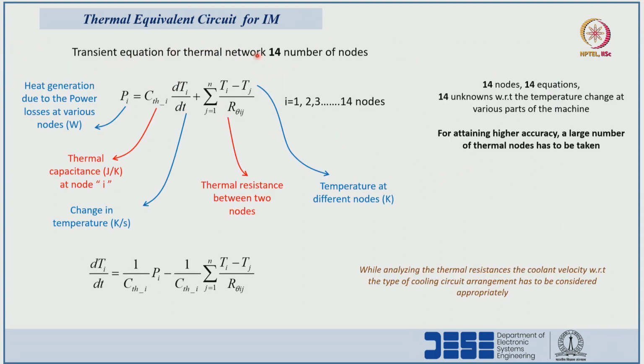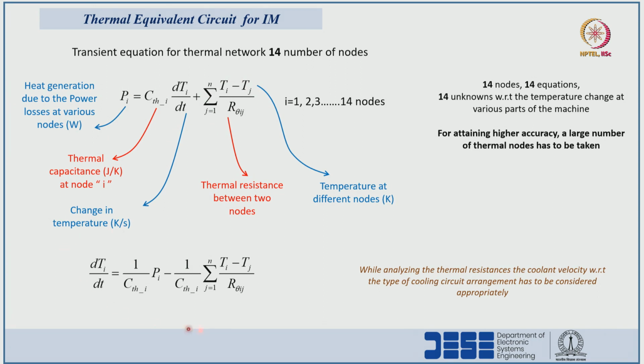The transient equation for the thermal network for 14 thermal nodes will be this. The heat generation with respect to the losses at node 1 is nothing but Pi, and Cth, the capacitance, into change in temperature, plus the difference in temperature divided by thermal resistance, will give the heat generation at various nodes.